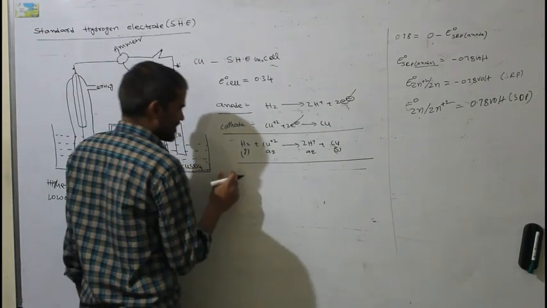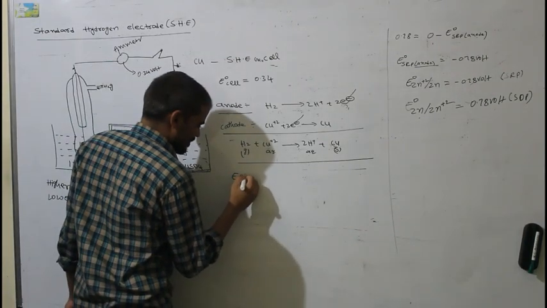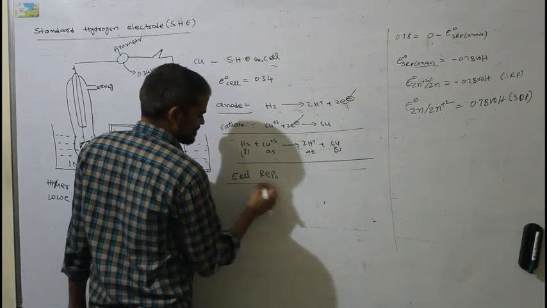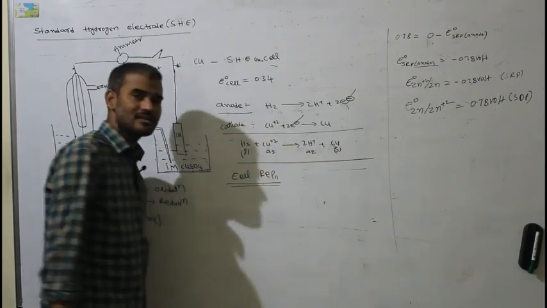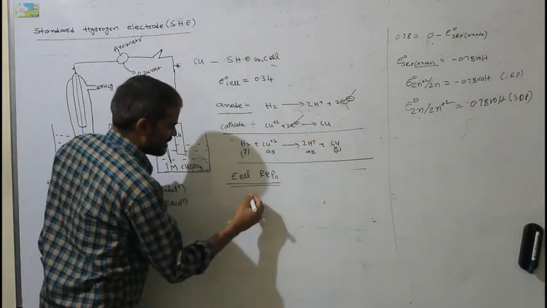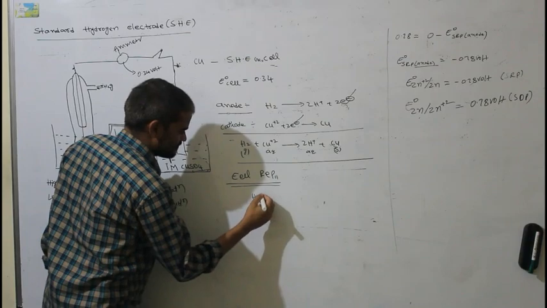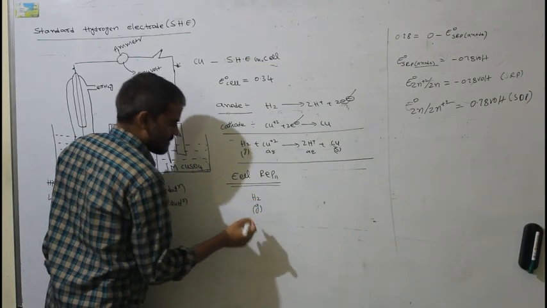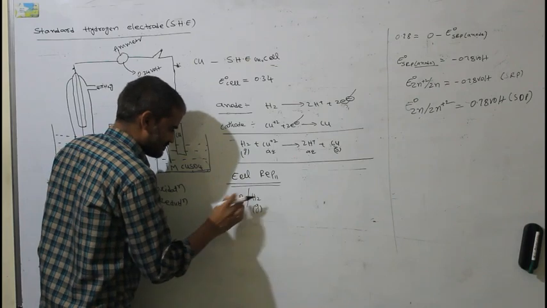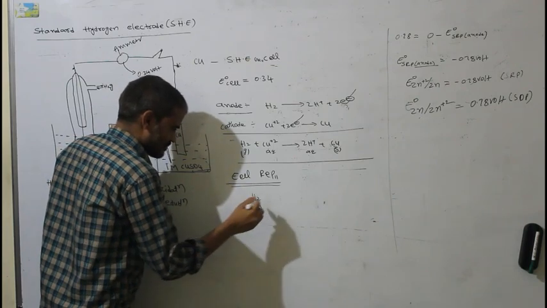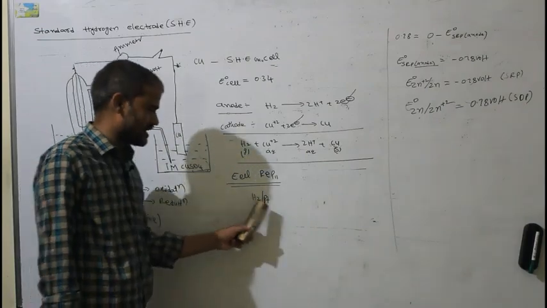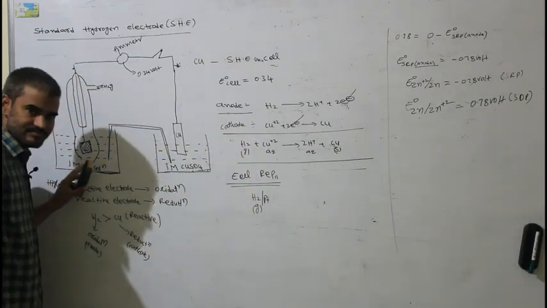Let's see its cell representation. The cell representation is anode reaction, then cathode reaction. For the anode reaction, we have H2 gas. But a gas cannot act as an electrode, so what do we have here? Platinum. H2 / platinum means a hydrogen electrode with a platinum wire.